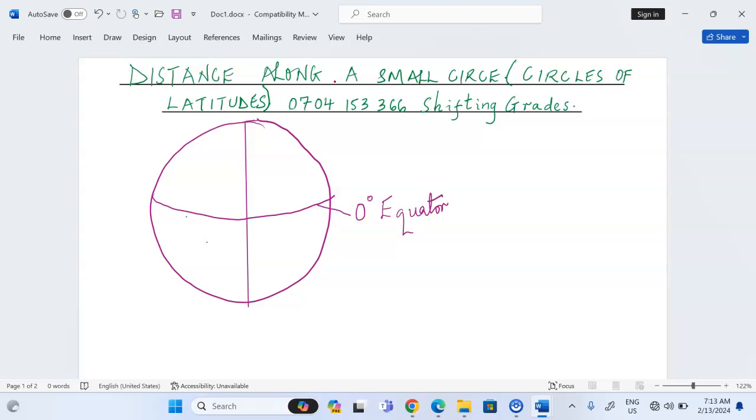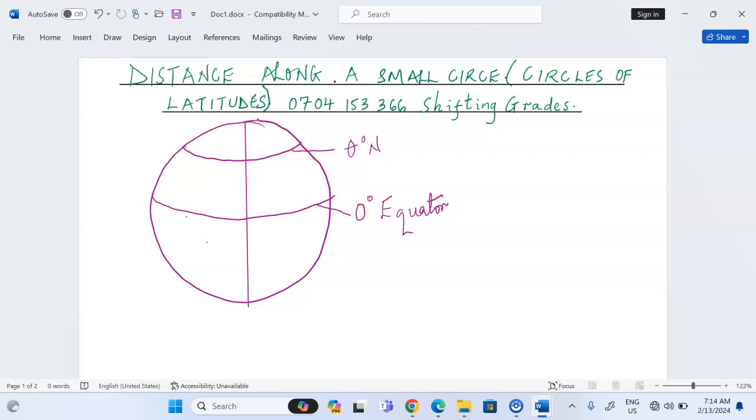Now we can talk of any other latitude. Let's say a latitude in the northern hemisphere, passing through a point like this. This is a latitude. We can call it latitude theta. It can be any degrees. In the north.